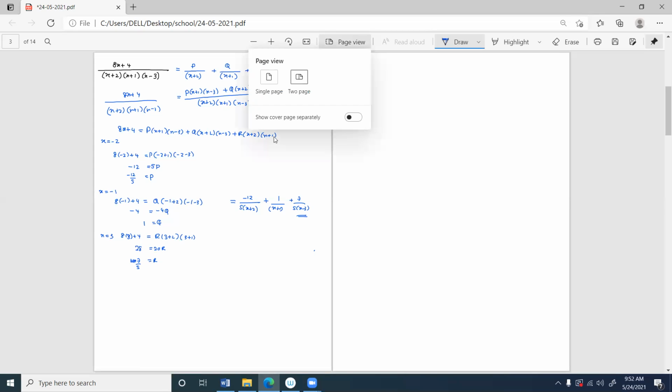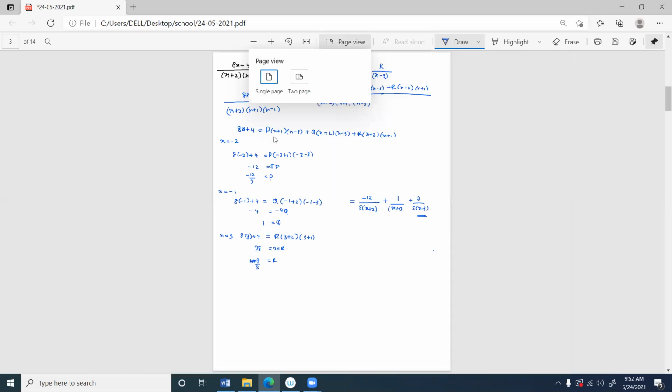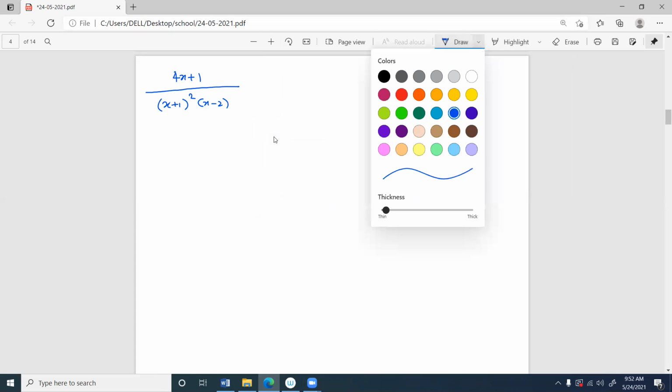Then you can get expressions just like this: 4x plus 1 over x plus 1 squared times x minus 2. This is the question.